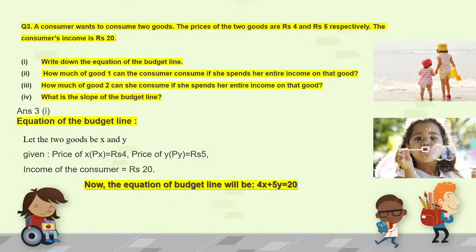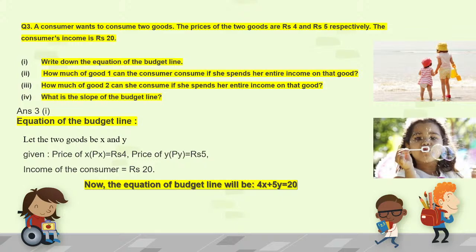Now the next part is question number 3, where a situation is given that a consumer wants to consume two goods. The prices of the two goods are rupees 4 and 5 respectively, and the consumer's income is given as rupees 20. Here we have to deal with 4 small questions, where the first part is: what will be the equation of the budget line?